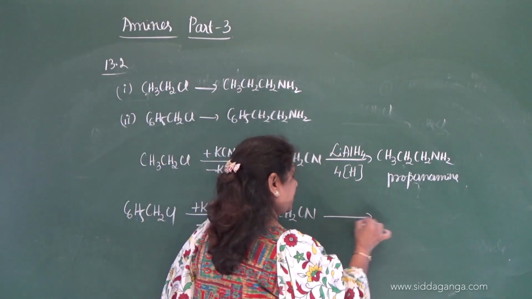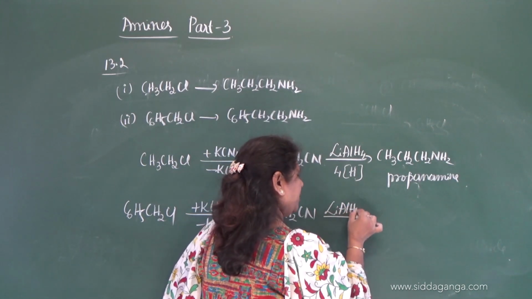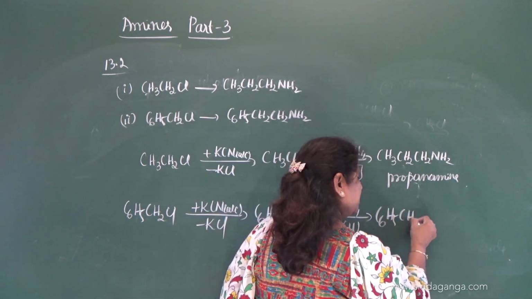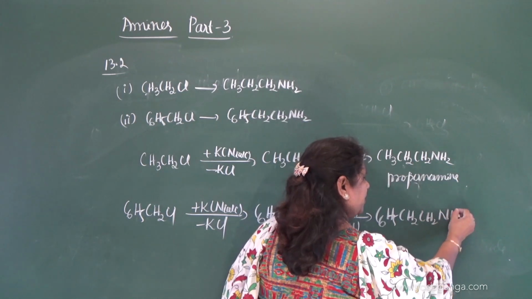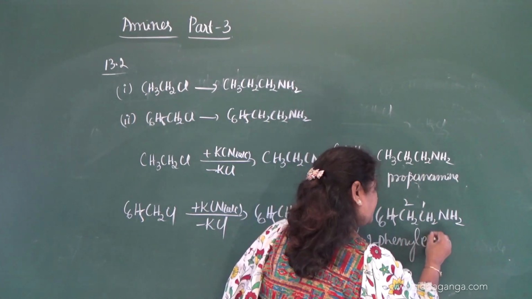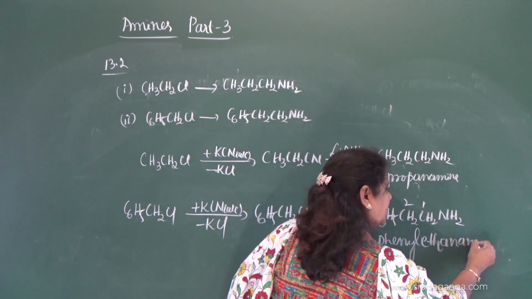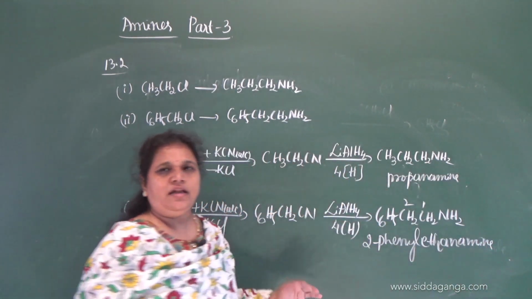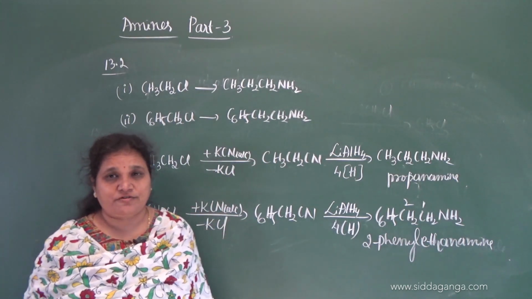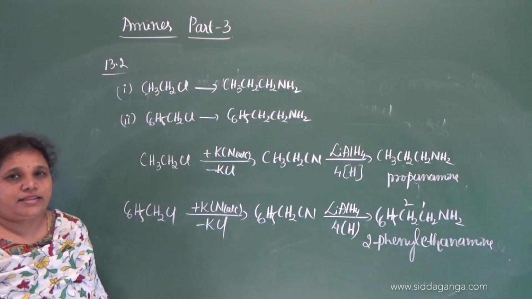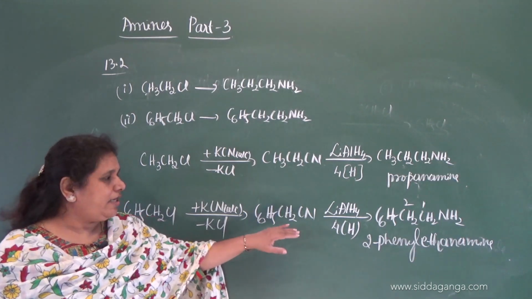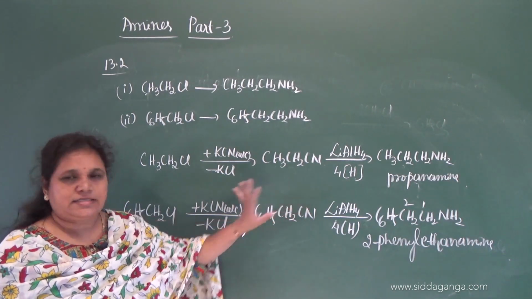When it undergoes reduction in presence of lithium aluminium hydride with the 4 nascent hydrogen, C6H5CH2CH2NH2, 2-phenyl ethanamine. 2-phenyl ethanamine or beta phenyl ethylamine is the common name. 2-phenyl ethanamine is the IUPAC name. Conversion of benzyl chloride to 2-phenyl ethanamine by treating it with potassium cyanide followed by reduction. So increased by 1 carbon here, ascent of series.